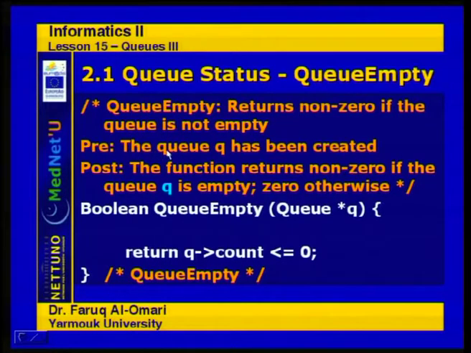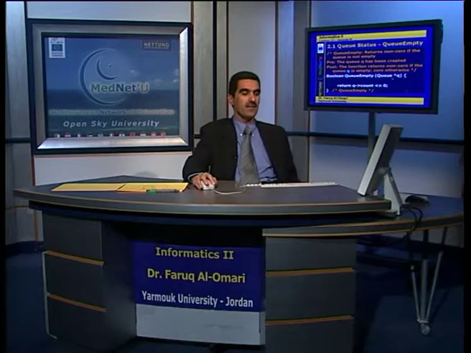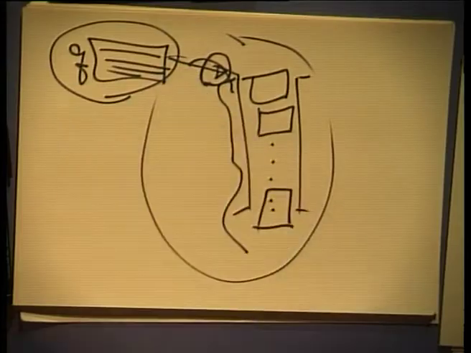The prerequisite is that the queue has been created and initialized already. The function returns non-zero if the queue is empty, and 0 otherwise. So this function is going to be of type Boolean, returning true or false, yes or no, 1 or 0. And it's going to take as an argument a pointer to the queue structure.